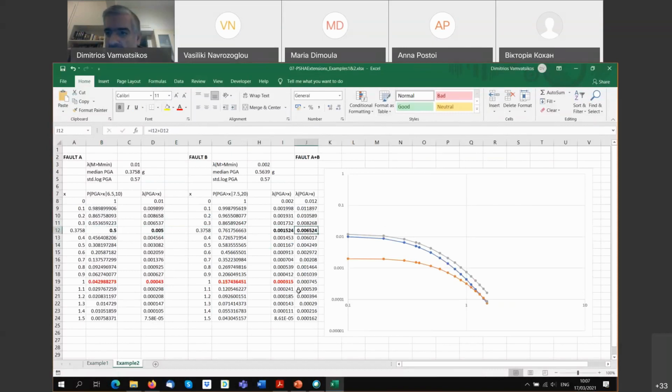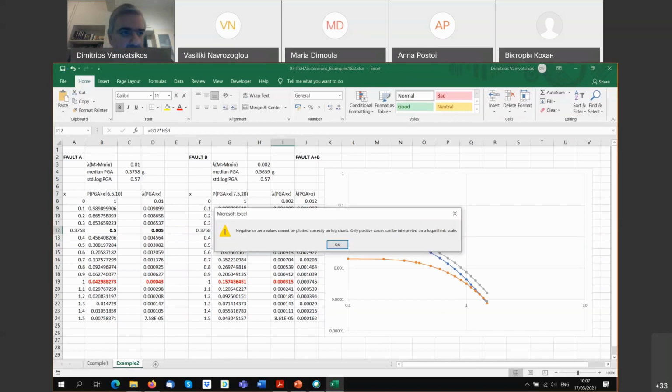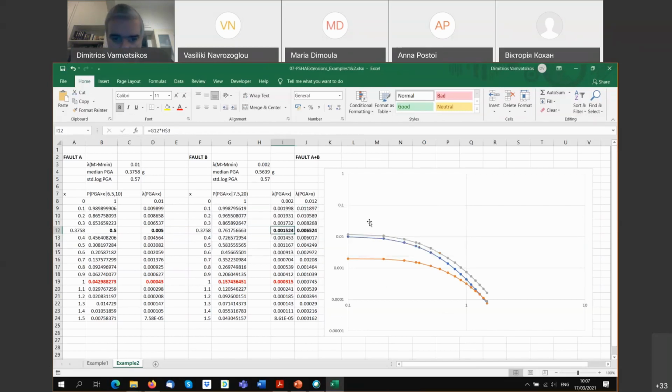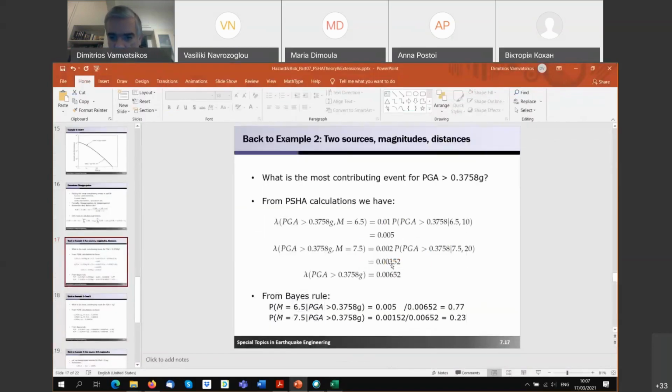See, I calculated them already. This is the PGA I was interested in, the rate for the first fault, the rate for the second, and the sum of the two. Super easy. So again, 0.005, 0.0152, and their sum. Now, let's go back to this.